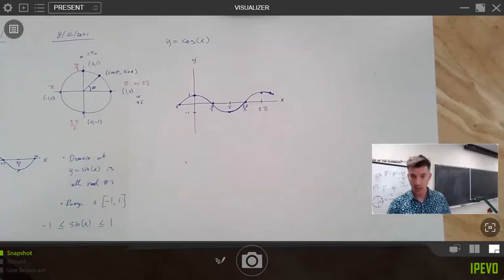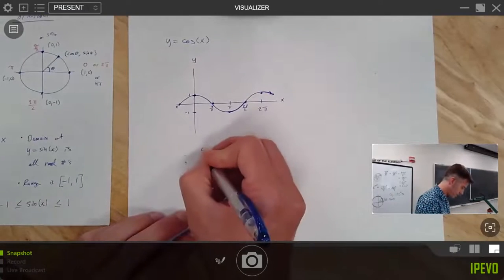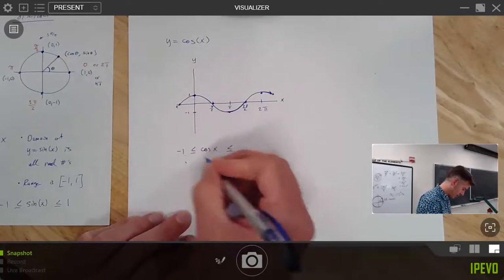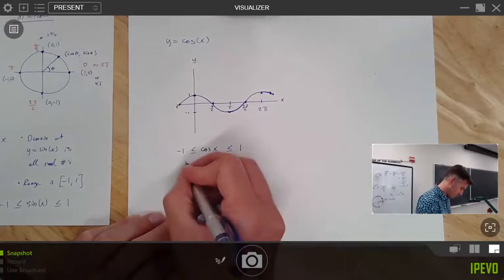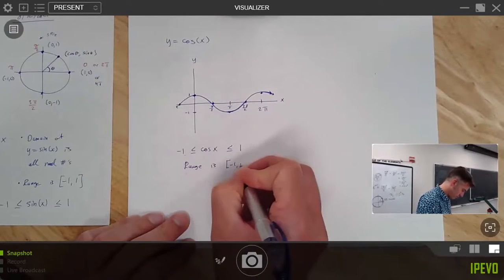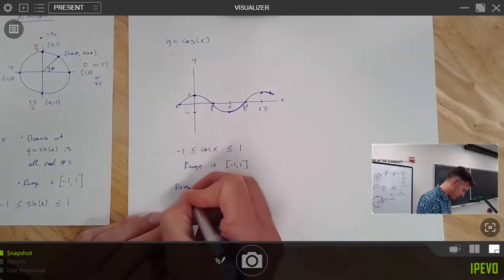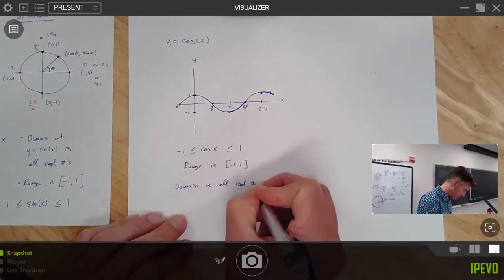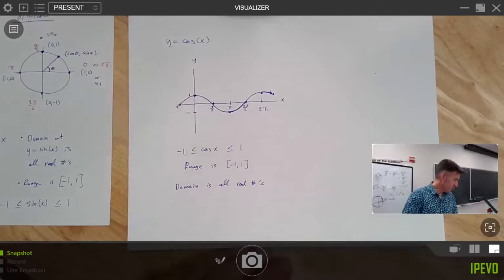And just like sine, we see that cosine also has a range of -1 to 1. And the domain is all real numbers.